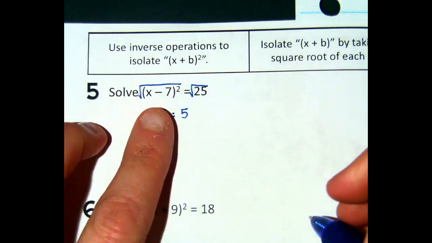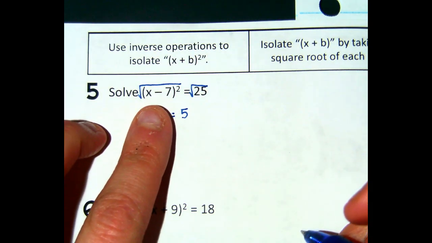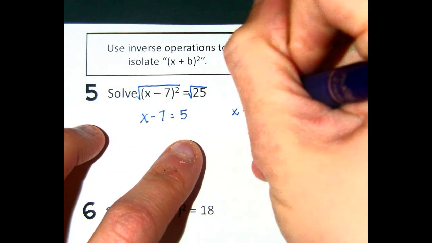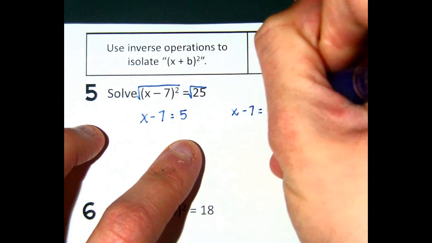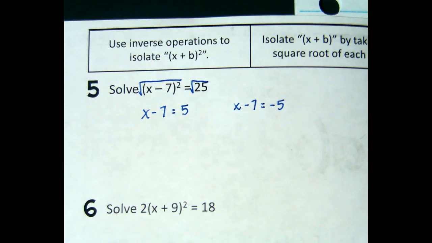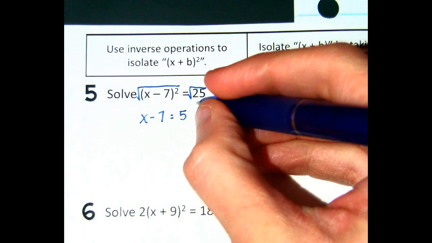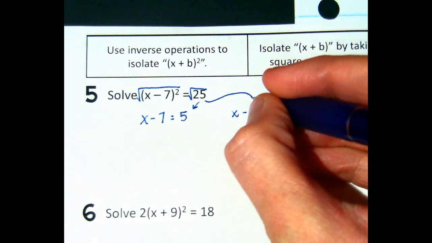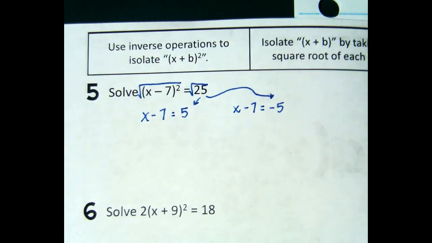Like yesterday, if we just had x equals 5, we also wrote what? You have to do the same thing here. You have to write the positive and negative. We have to solve both equations. So one positive, one negative. Have to do that.